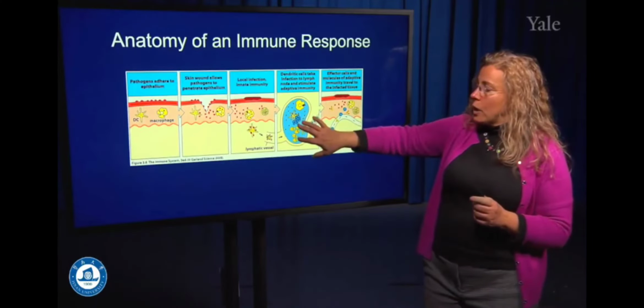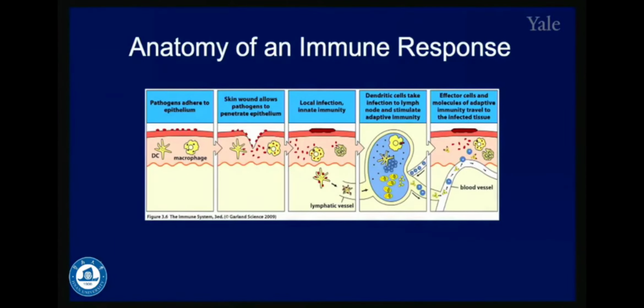They're going to interact with cells of the adaptive immune system. They're basically saying, hey, look what I found. We have to mount a stronger response to this. I need your help. The adaptive immune response gets activated in a lymphoid organ, and then cells from that activation, those clones, which occur in the adaptive immune cells, travel back to the site of infection and eventually eliminate the infection completely.